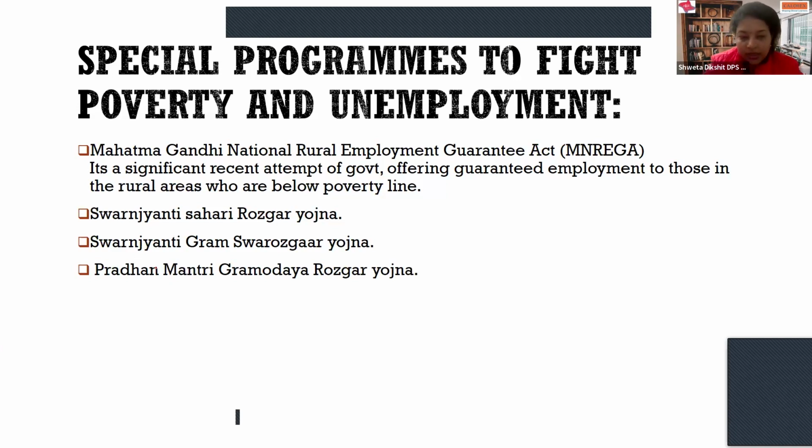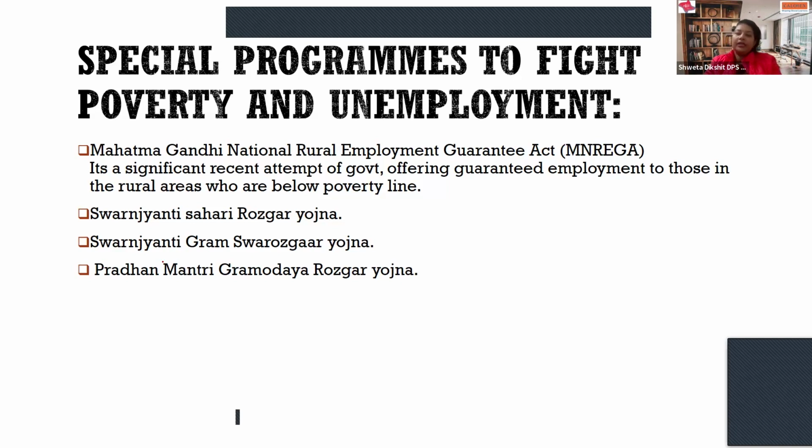Actually, children, the points are the same. Maybe the poverty alleviation programs or employment generation programs, they both are the same. So in this, we first talk about MNREGA. Let me tell you, MNREGA is very, very important. This can be a one marker. This can be an independent question as well. What is MNREGA?